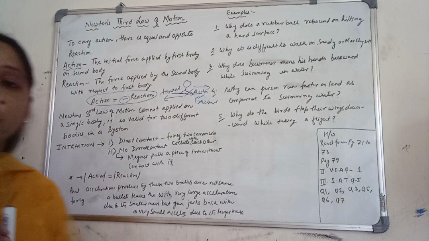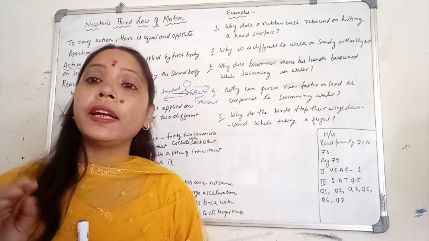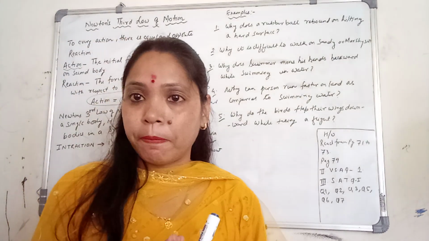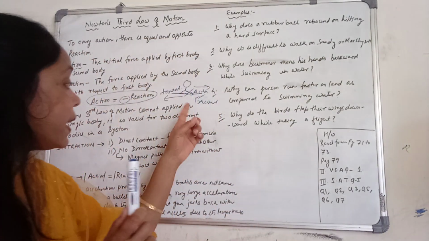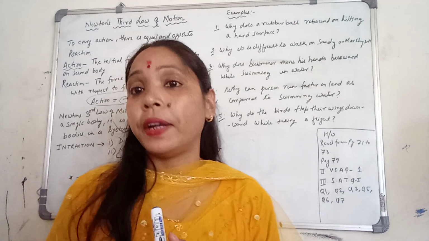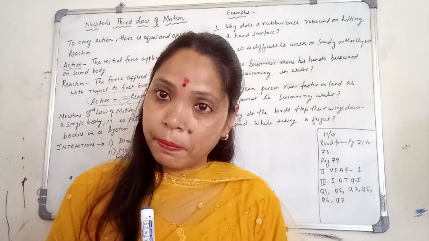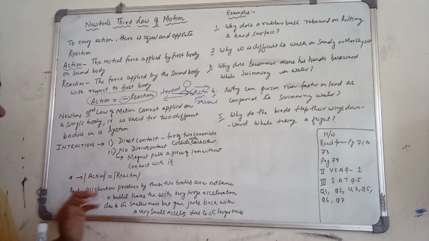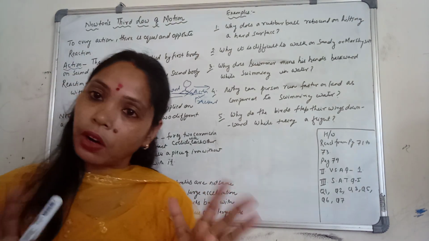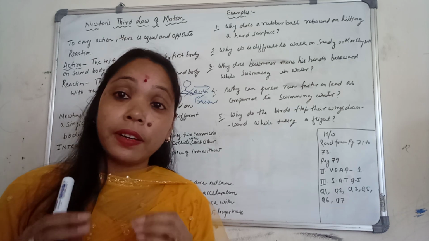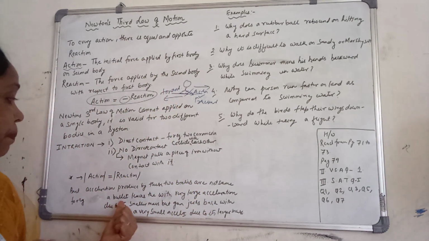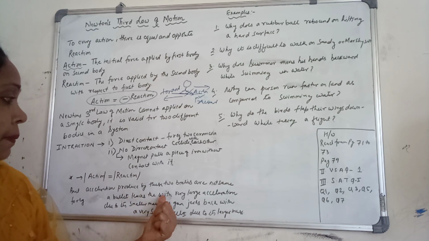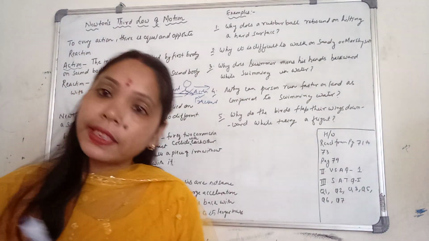Now, one more important thing here is that action and reaction are the same, but the accelerations produced in these two bodies may not be the same. So I have written here: not same. A very nice example is a bullet leaving the gun with a very large acceleration.